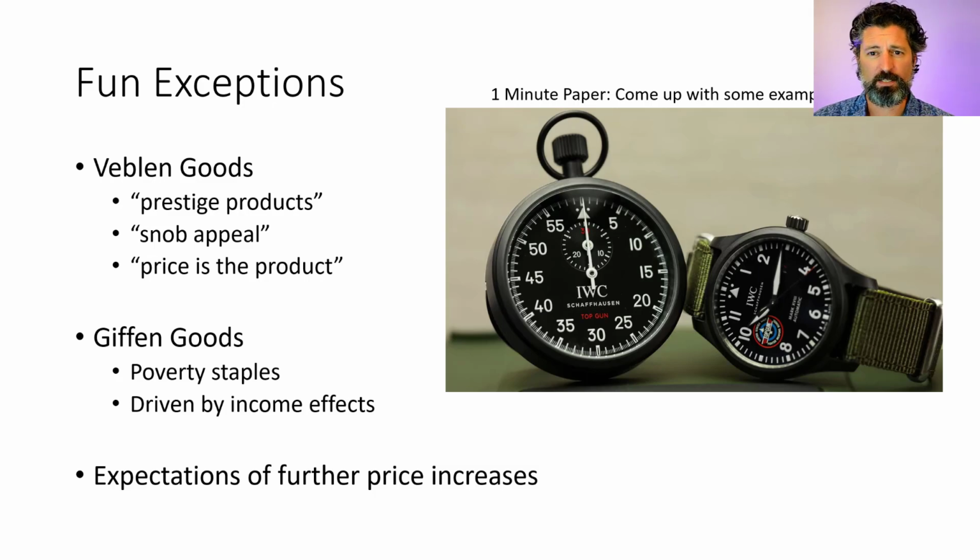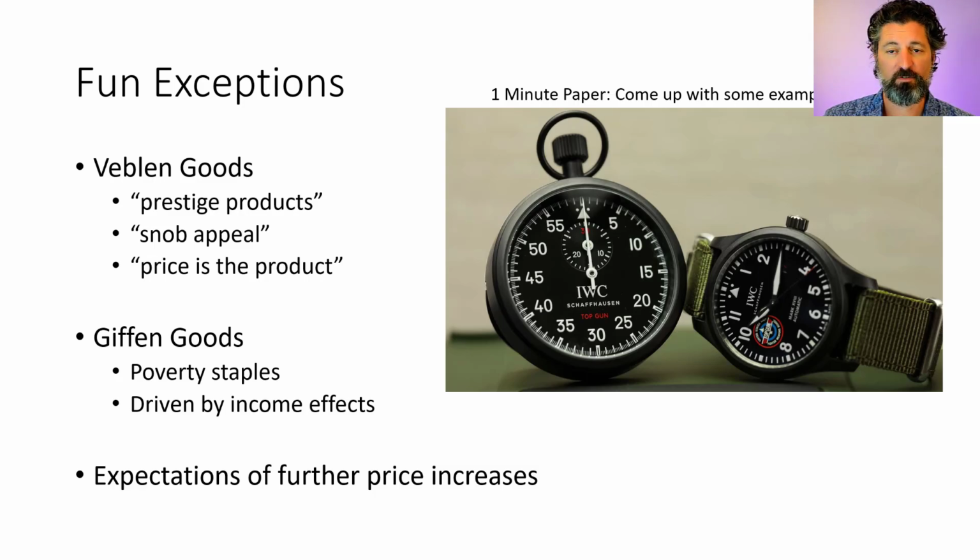There's also a lesser known place where the demand curve slopes in an upward direction, and that is a Giffen good. An example might have been the potato during the Irish potato famine. During the Irish potato famine, there was a blight on the potato crop.